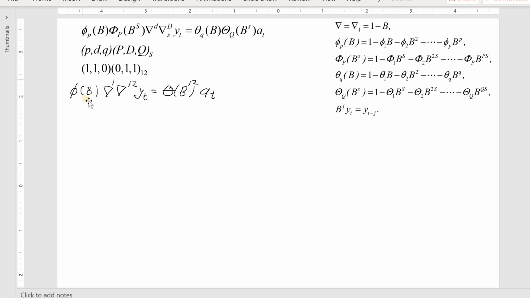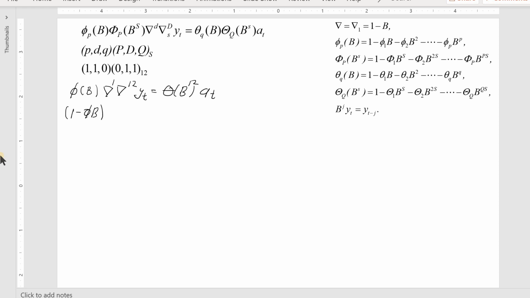So now we expand this term according to this equation. Since it is only 1 here, we stop at the first two notations here. So 1 minus phi 1 B. I didn't write 1 here because there is only 1.